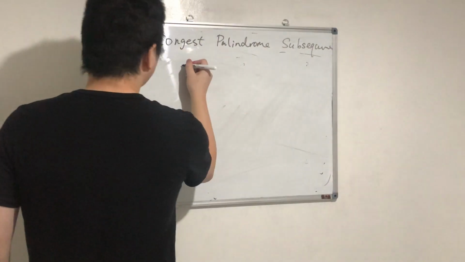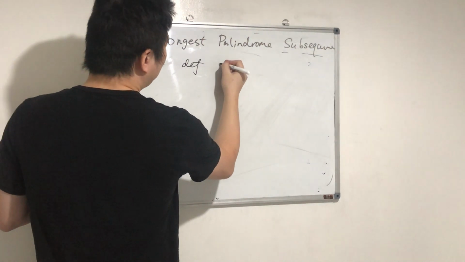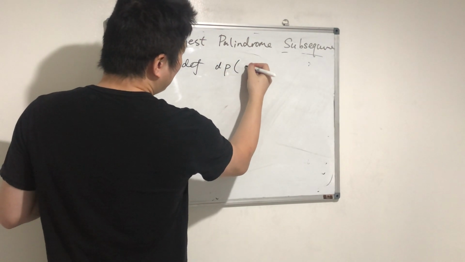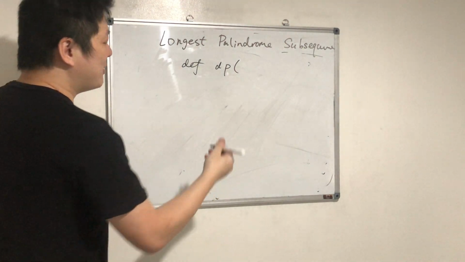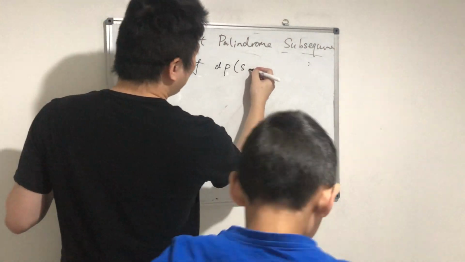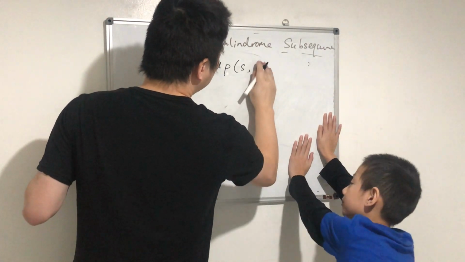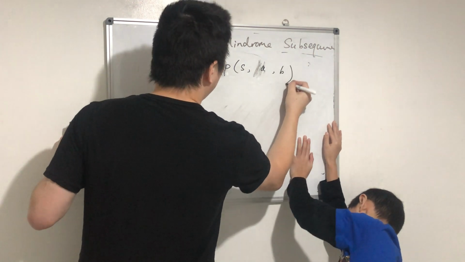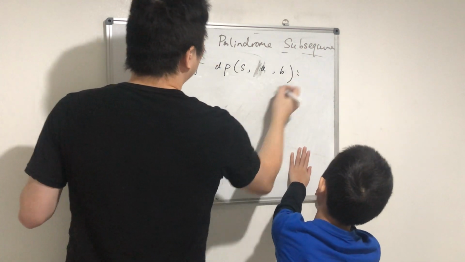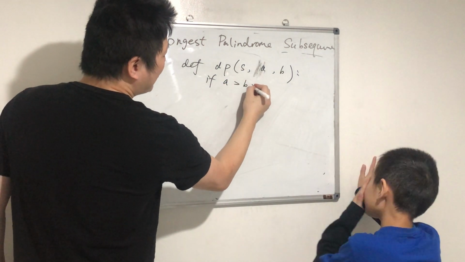Okay, so look, define memoization. Let's say dp, and you tell me what it is. I need to put an S here. This is a string, and then from, let's say, a and b, what's missing? Okay. If a is bigger than b, return what?